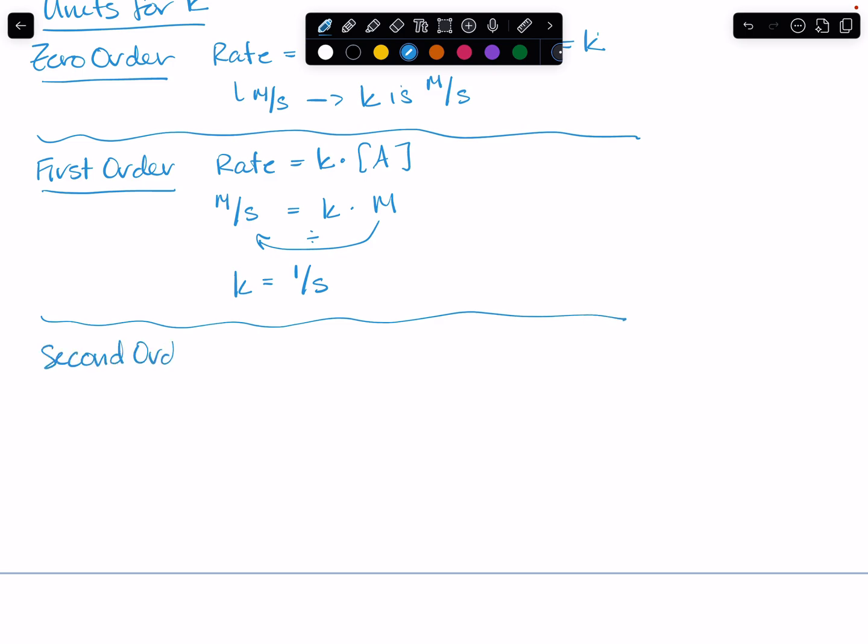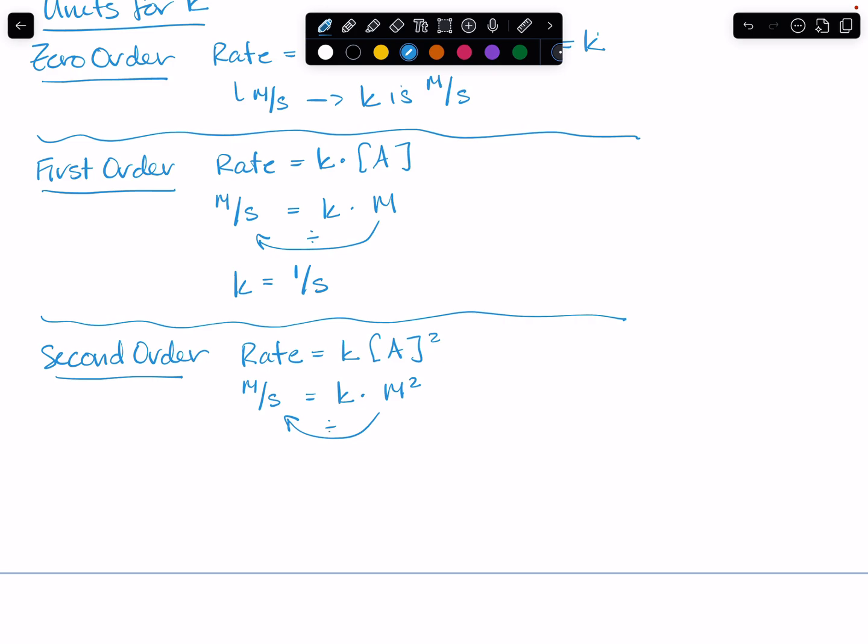Second order. I'm just going to keep it with A to keep it simple, but you could have A times B. The rate equals K times the concentration of A squared will give us a second order. So again, molar per second equals K times molar squared.